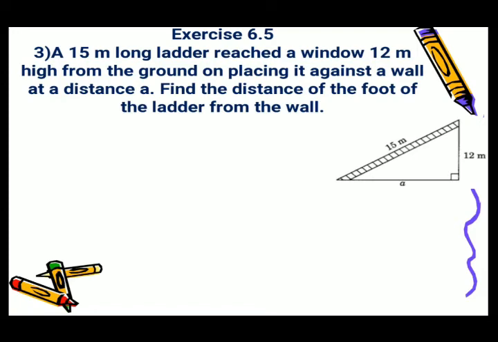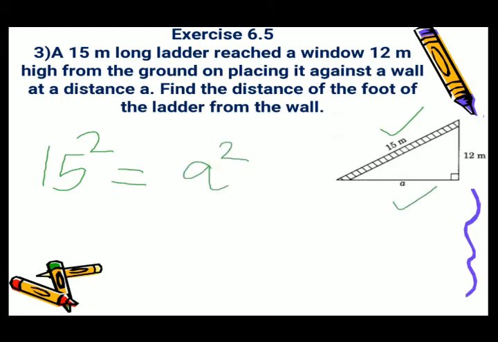Now for a right angle triangle we have learned about the Pythagoras theorem. This is the longest side. So the square of the longest side, 15 square, is equal to the addition of the perpendicular and the base, which is a.